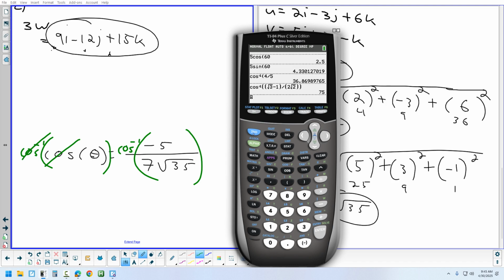Why is that? Oops, what was that? -5 divided by 7 square root 35. So in that case, you get 147.688. But that's, oh, I didn't even put the 7. Sorry. Let me put in the 7.